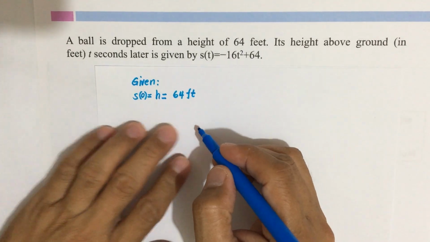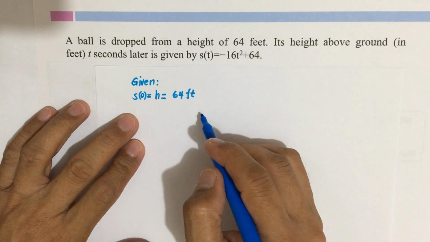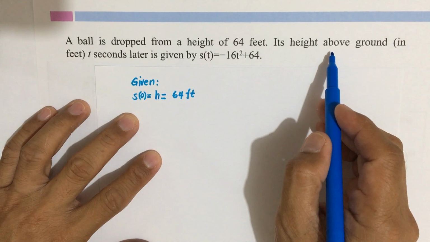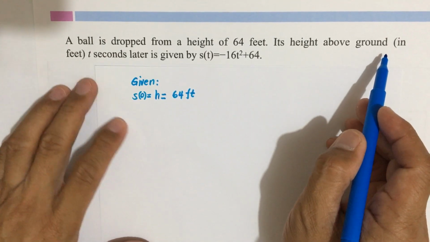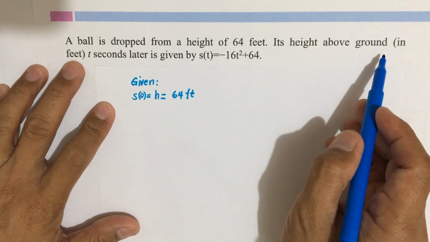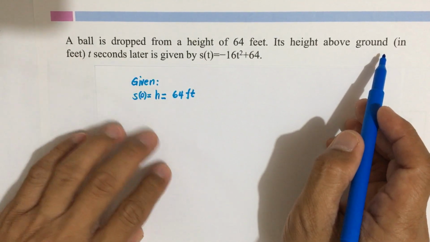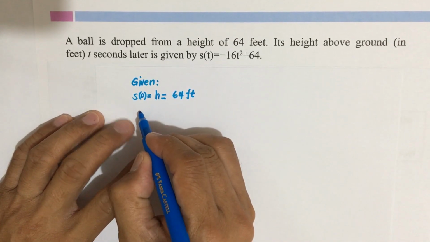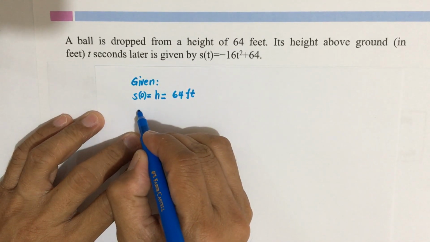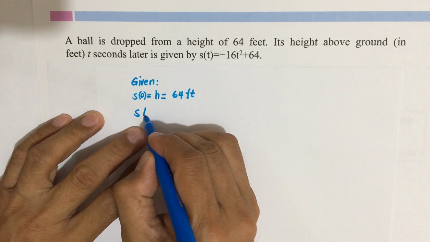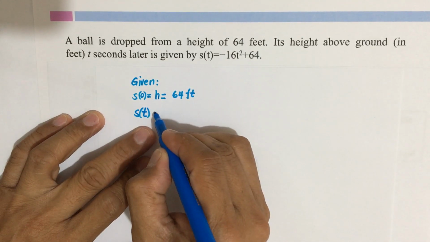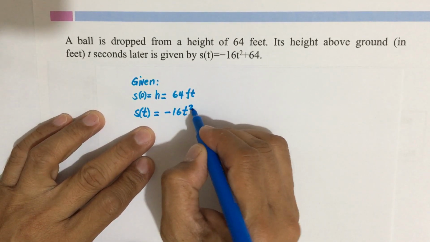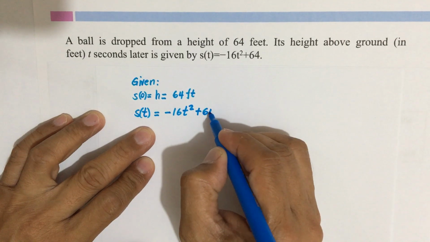Alright, then what else? We are given its height above ground in feet, t seconds later, is given by this. So this is the function, no? The position function, that is s of t equal to minus 16 t squared plus 64.